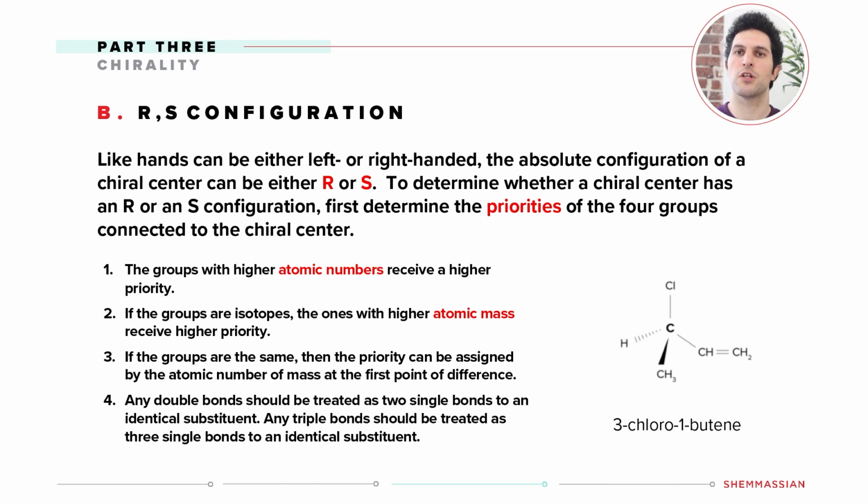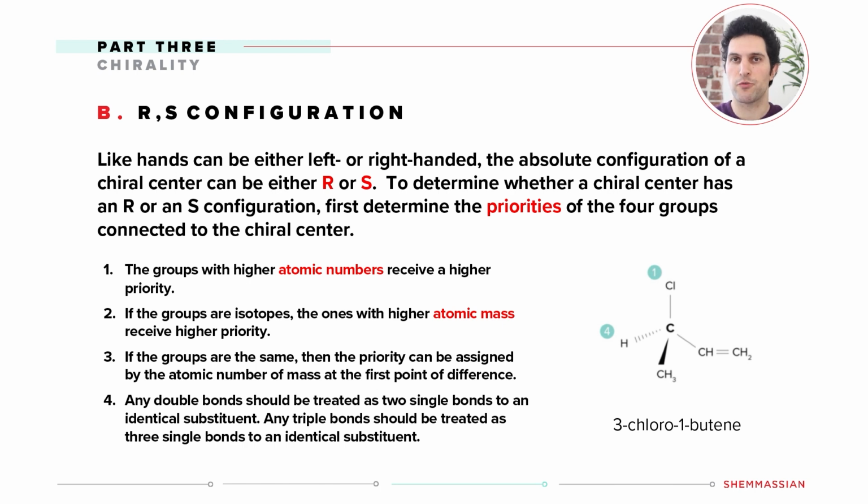In this case, the chlorine atom receives the highest priority, number 1, while the hydrogen atom receives the lowest priority, number 4. The other 2 substituents are both connected to the chiral center at a carbon atom. Thus, the attached bonds must be traced further to determine the first point of difference.